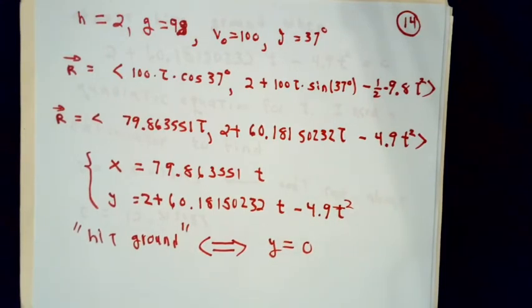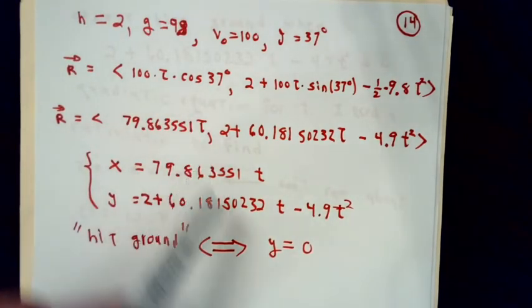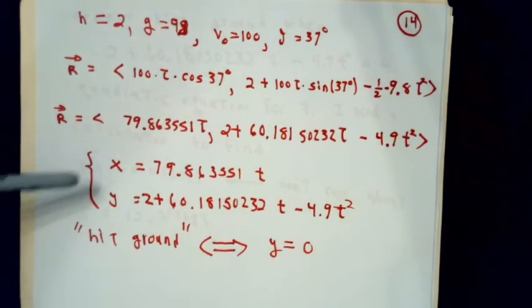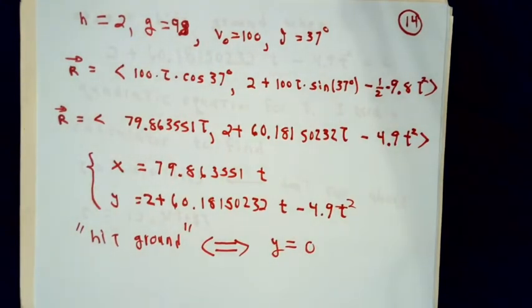If I wanted to write this in terms of x and y as being functions of t, x would be this first vector component, and y would be the second one. So we have split out the x and the y here. To say that the object has hit the ground means the same thing as its y-coordinate is equal to 0.